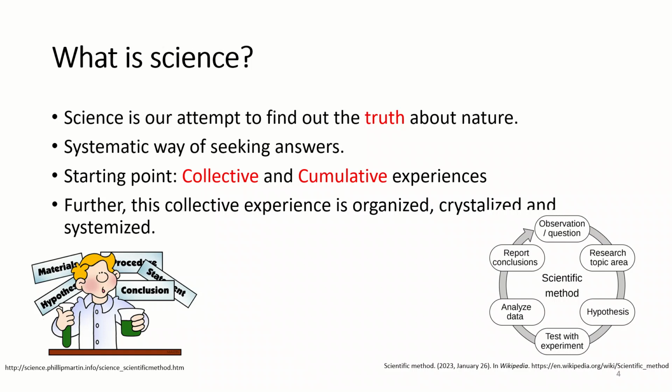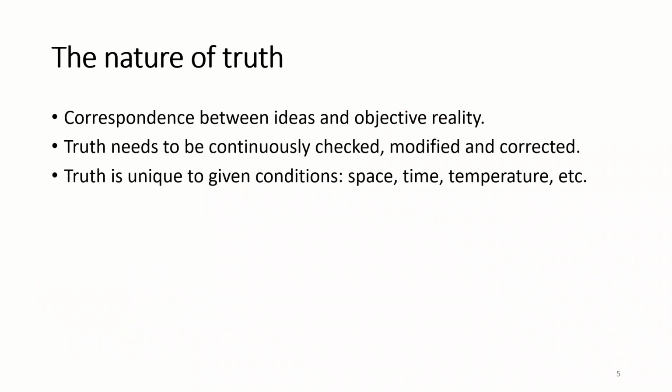So we also discussed the nature of truth. There are a lot of theories about what truth is, and in this course we have learned about the correspondence theory of truth. It says that your ideas or beliefs should correspond to objective reality.